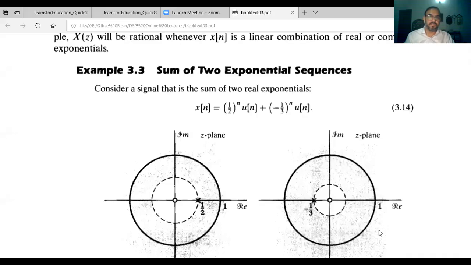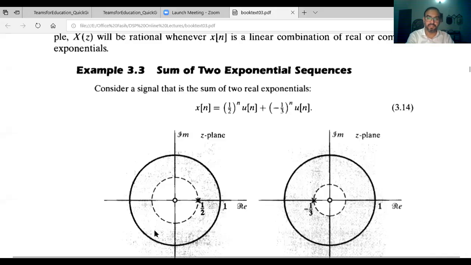Okay. So this is example 3.3. You can see that you have x of n, which is the sum of two sequences, 1 over 2 of n u of n plus minus 1 over 3 of n u of n. So ये दोनों right hand side sequence है. That's why you have this pole at 1 over 2 and it is a value less than 1.